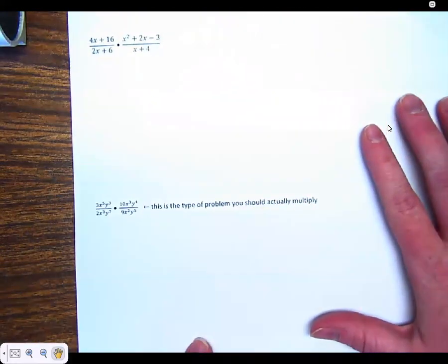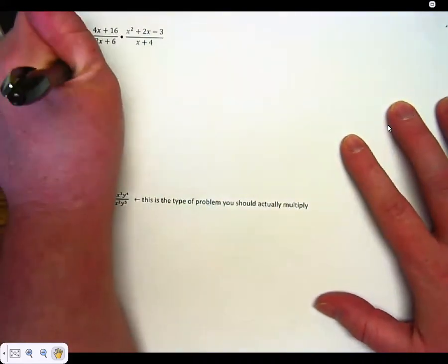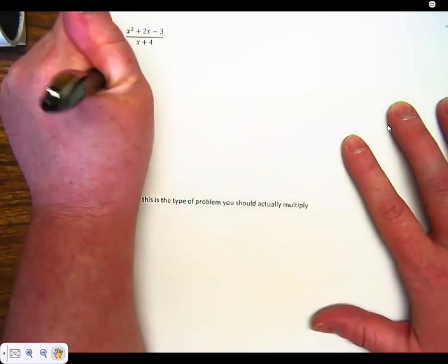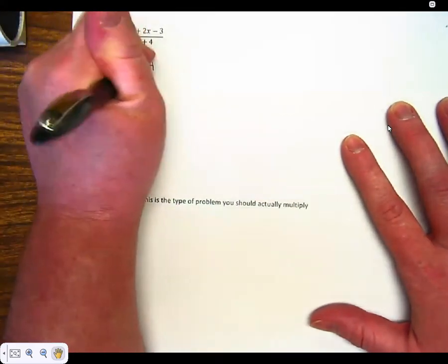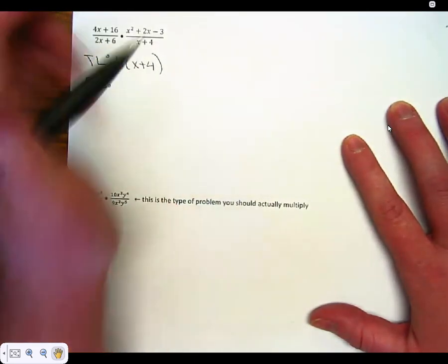All right, so same thing. So top left, 4x plus 16, all you can do is pull a 4. X plus 4. Bottom left, 2x plus 6, you can pull a 2.